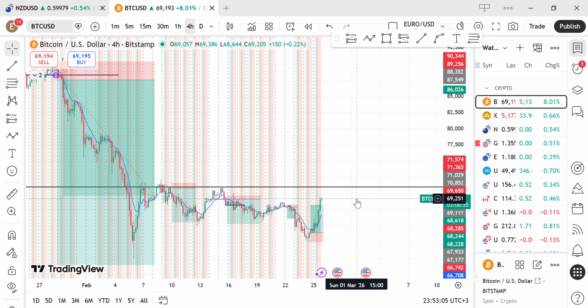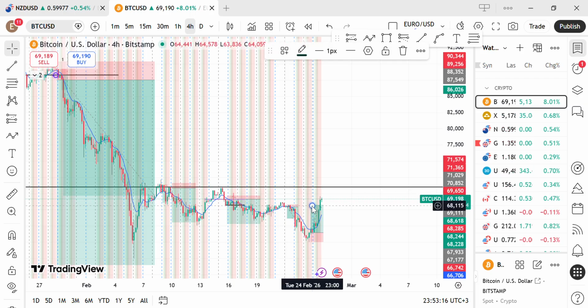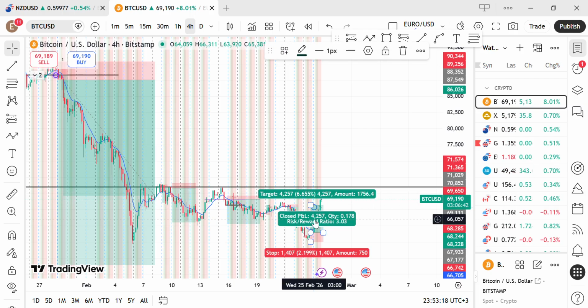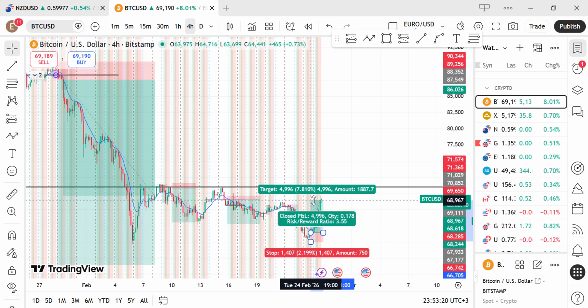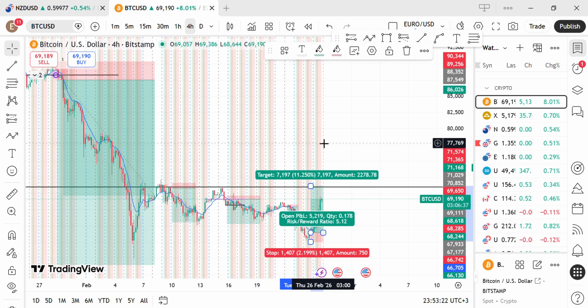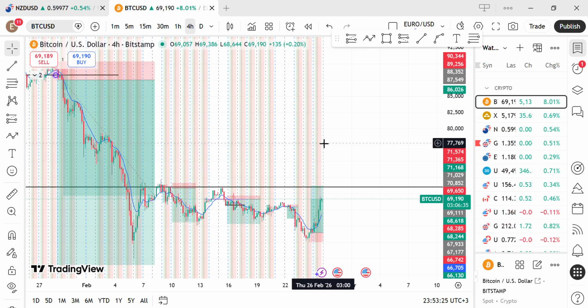Above this level, just buy. Let me extend this. Should just buy till this level. Buy to this level. BTC USD.